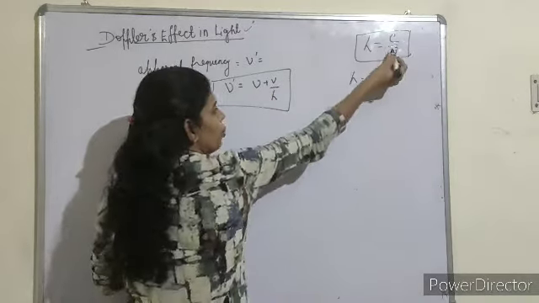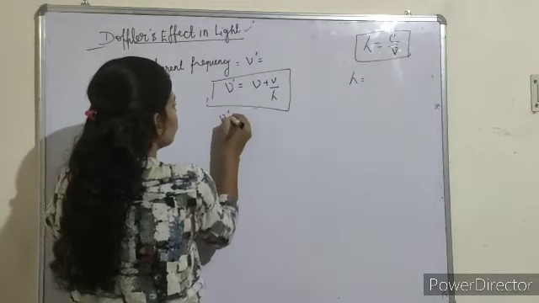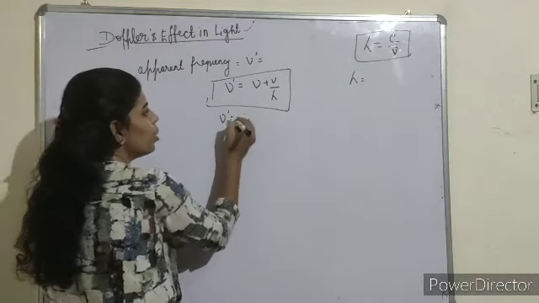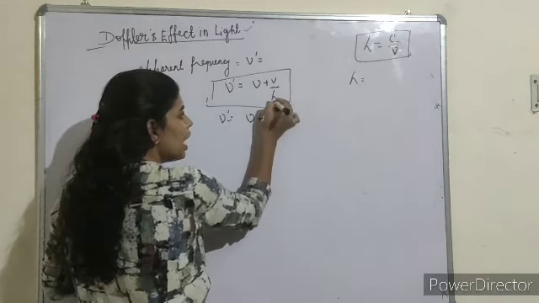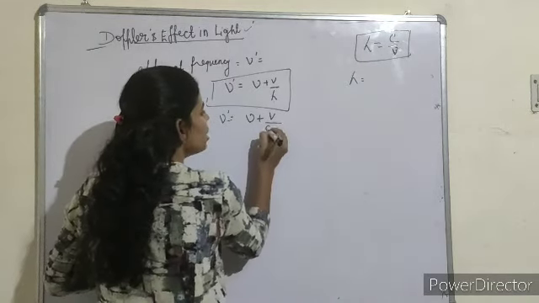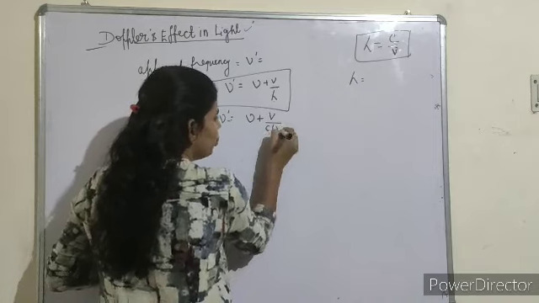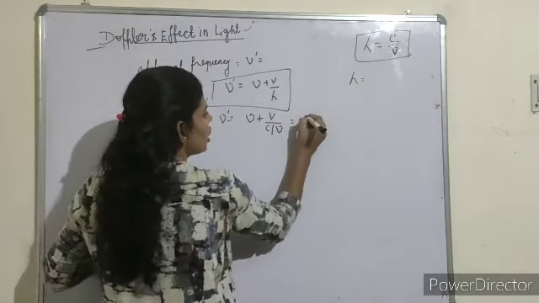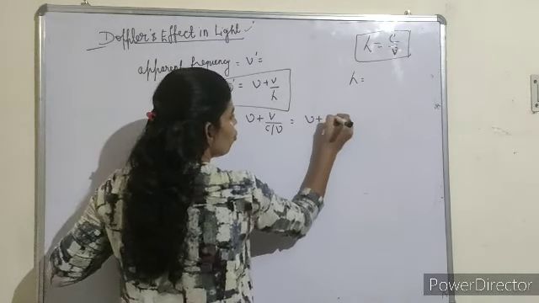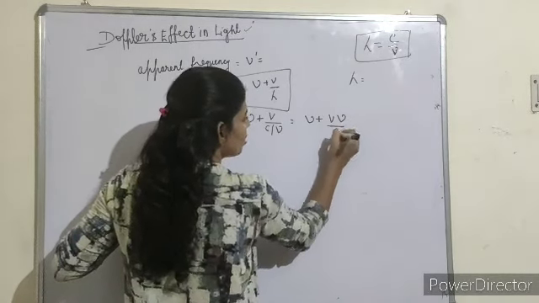So this is apparent frequency, and lambda can be replaced by c by nu. So nu dash would become nu plus v, and we can write it as nu dash is equal to nu plus v nu by c.